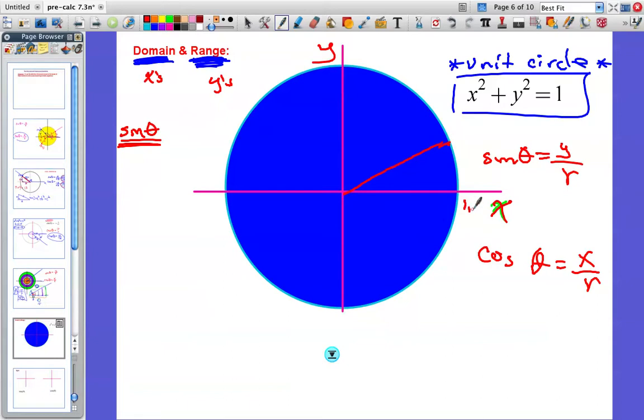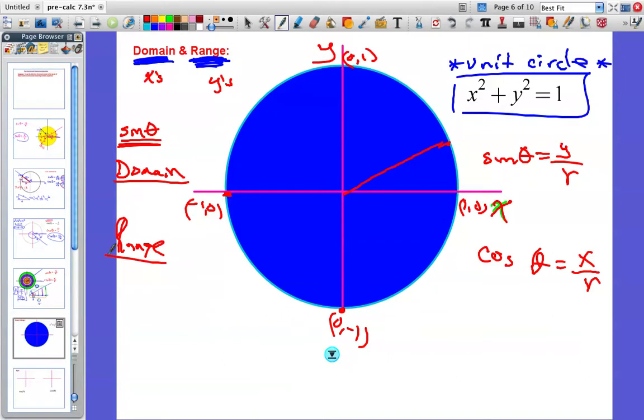Let's identify this point right here as 1, 0. Let's identify this point as 0, 1 because it's a unit circle and it didn't matter which circle we used. So 0, negative 1. We'll do domain and we'll do range for sine, and then we'll talk about the same for cosine.